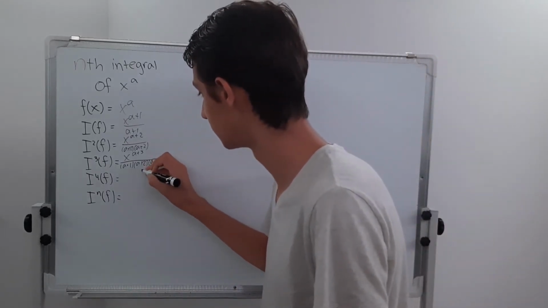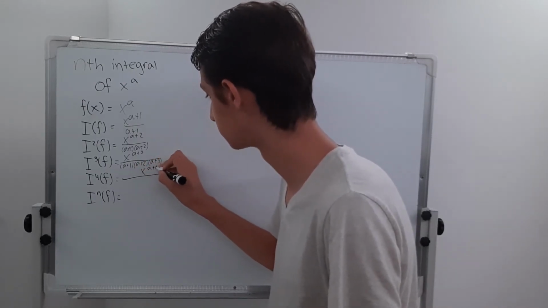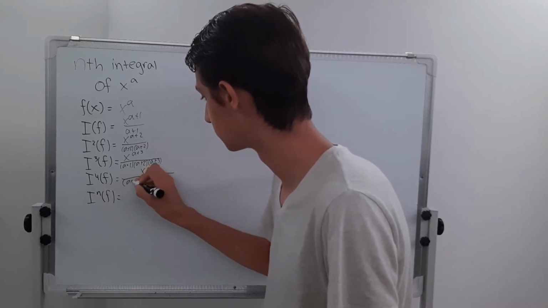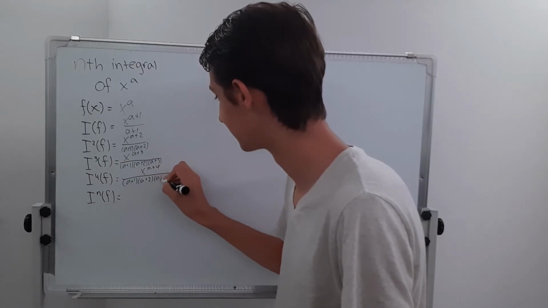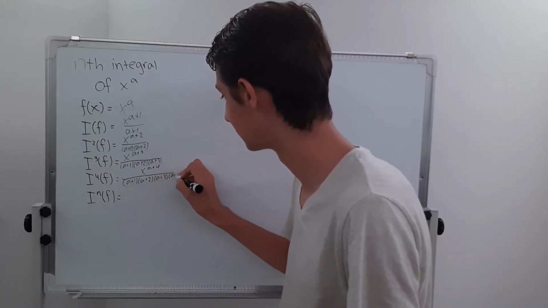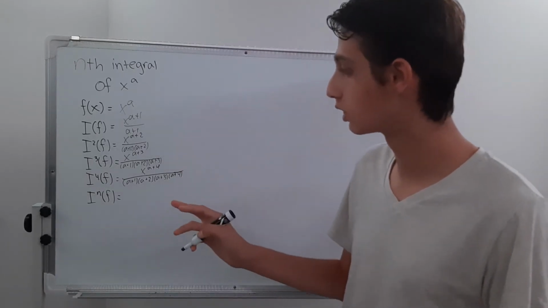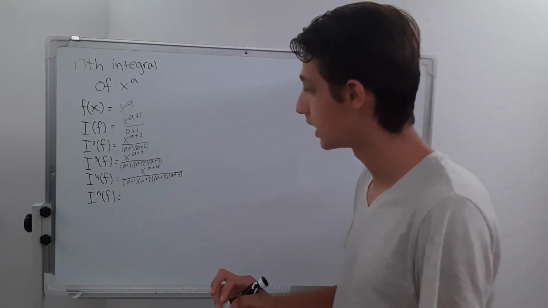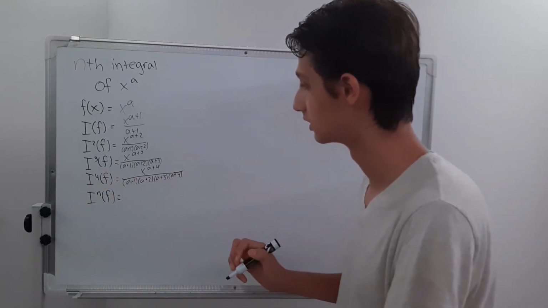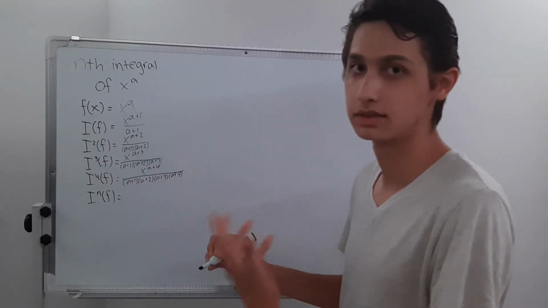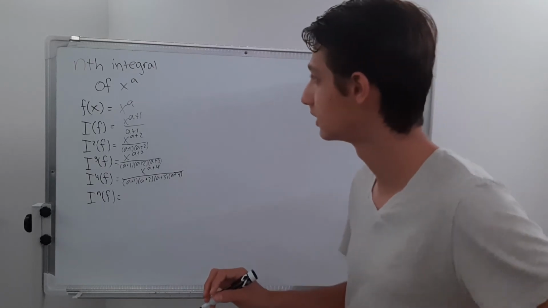So x to the a plus 4, divided by a plus 1 times a plus 2 times a plus 3 times a plus 4. So that is our fourth integral of our function. Now we can notice the pattern. It's going to use one of the pi functions, but we need to know exactly how, because it's similar to our derivative, but it's not really the same.